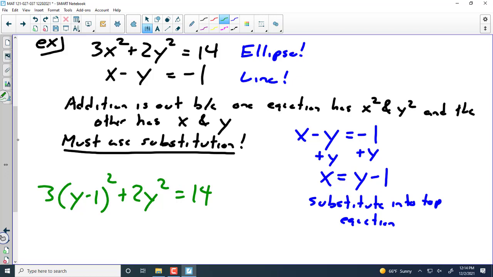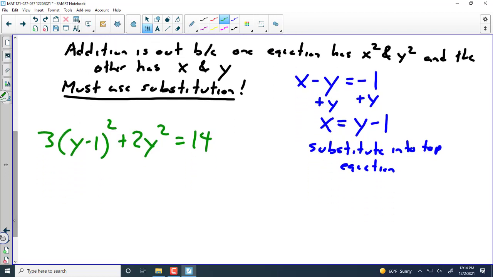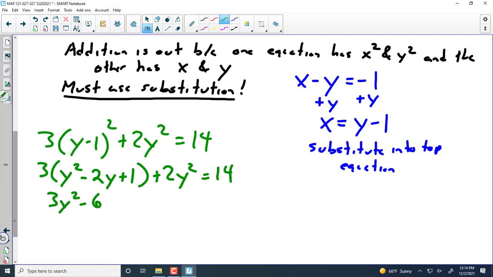All right. Everyone okay with that so far? Let's see here. Got to FOIL this. Got to distribute the 3. And what I have here is a quadratic.